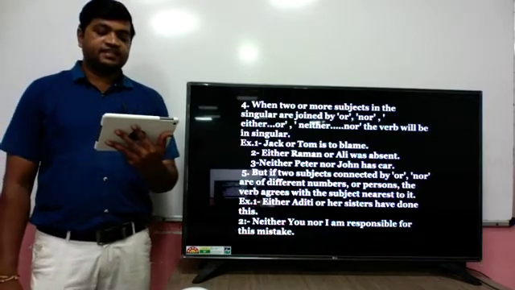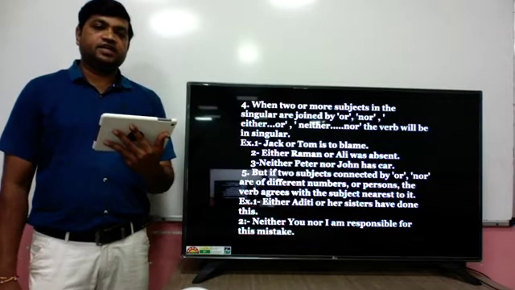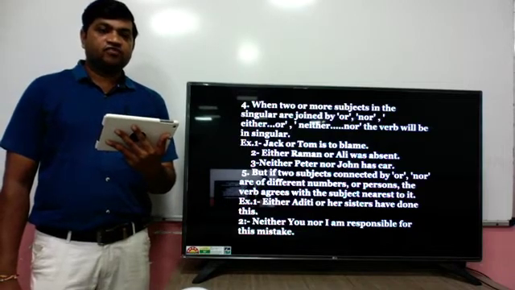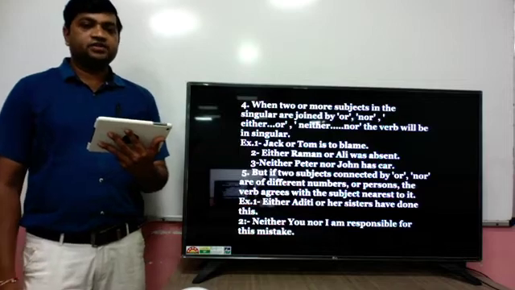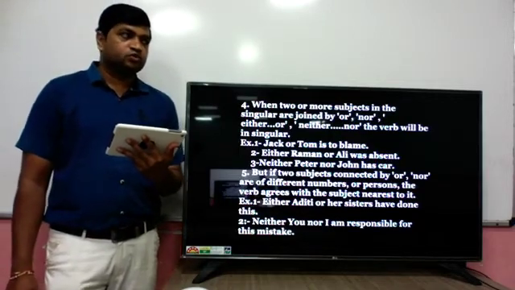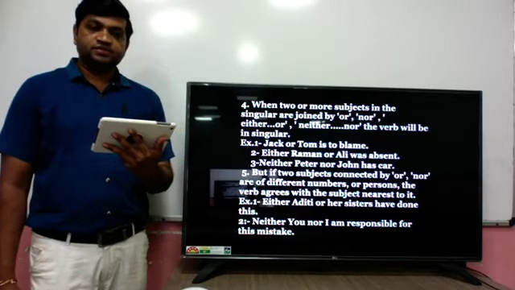Second sentence, neither you nor I am responsible for this mistake. Here the subject nearest to the helping verb is "I", and as per the rule, "I" always agrees with "am".